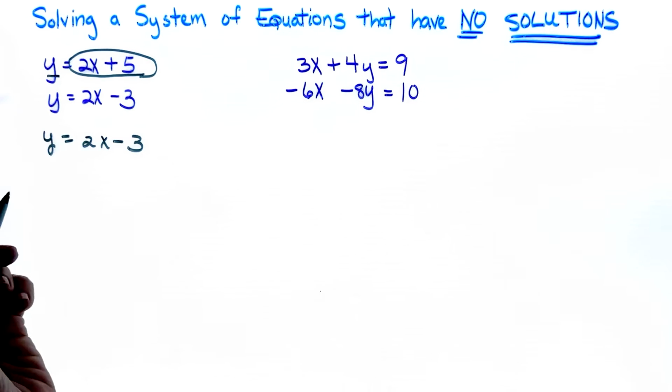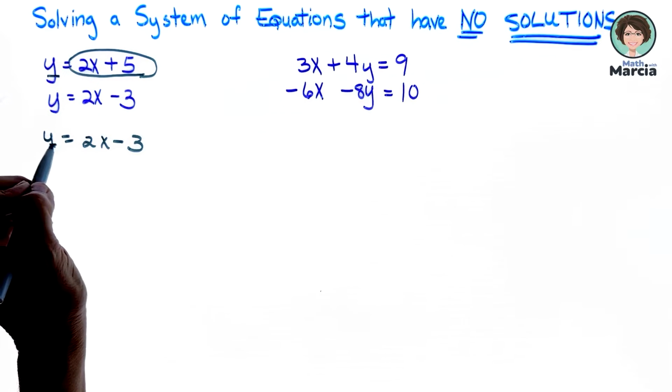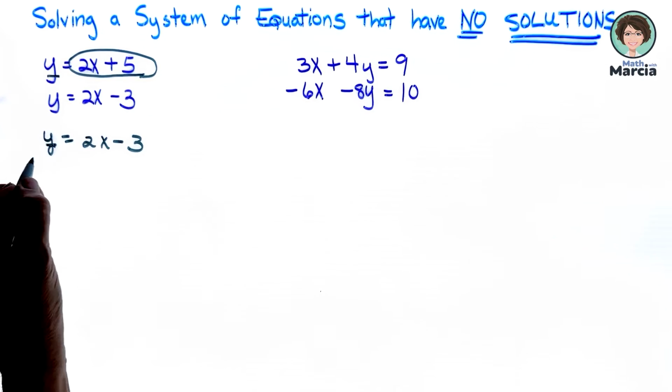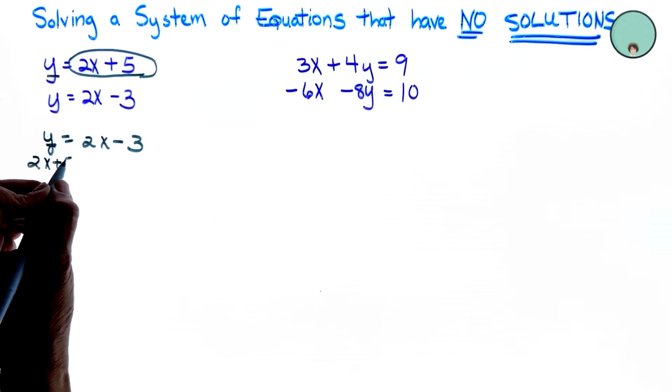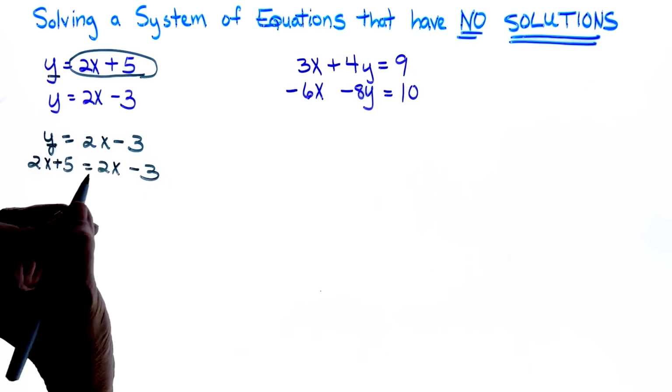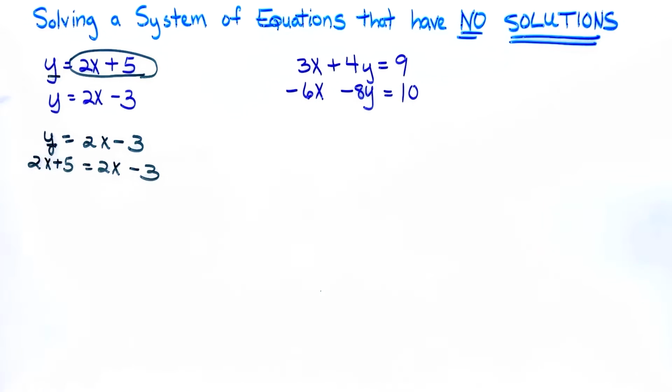And now, again, remember, wherever I see my y, I will put in 2x plus 5. So 2x plus 5 is equal to 2x minus 3. Looking at what I have there, I know I'm on the right track to be able to find x because I do not have two variables anymore.